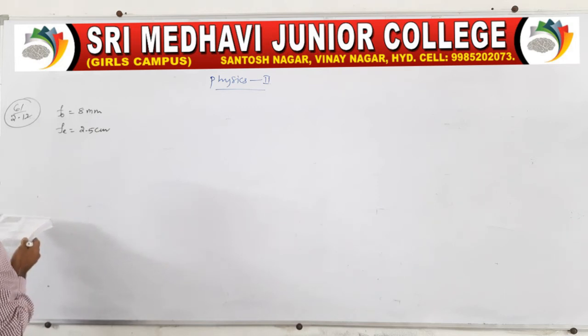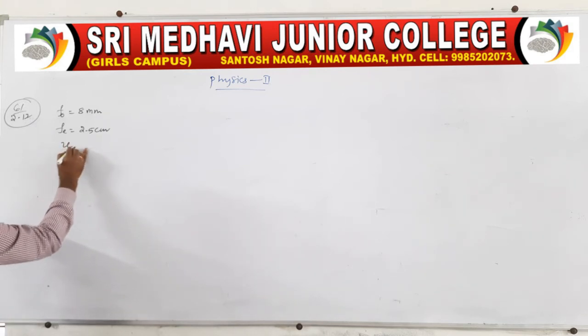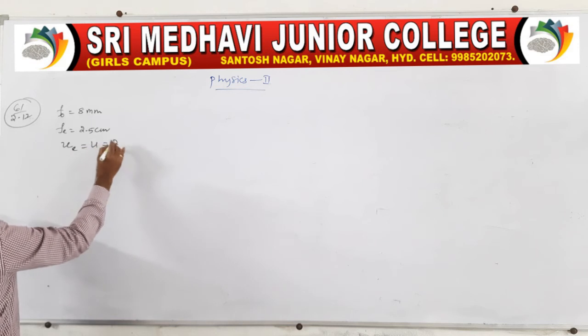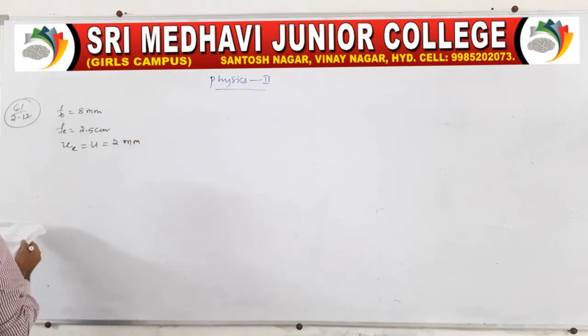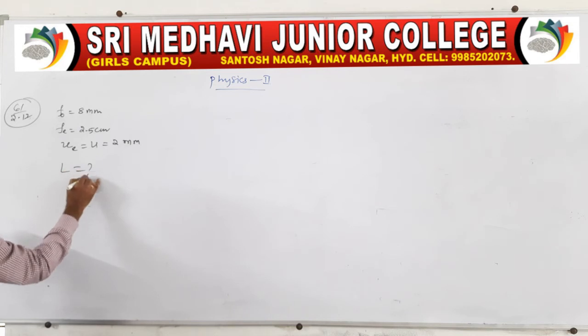The object is placed at 2 mm from the objective in a sharp focus. What is the separation between the two lenses? Of course, L is asking.